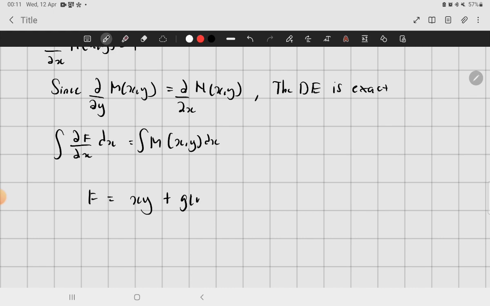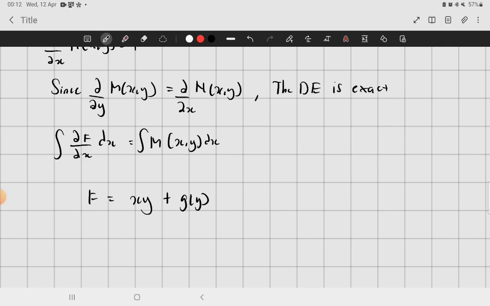So g of y. Now if you integrate dy, meaning you integrate the function N, then your constant function will be g of x. It depends on which one you choose, because at the end of the day it justifies. You integrate with respect to x and then differentiate partially with respect to y. If you choose the function N, you integrate N with respect to y, then differentiate partially with respect to x.